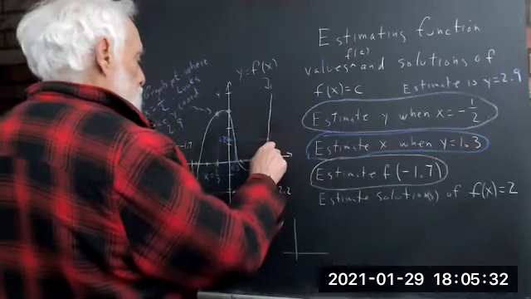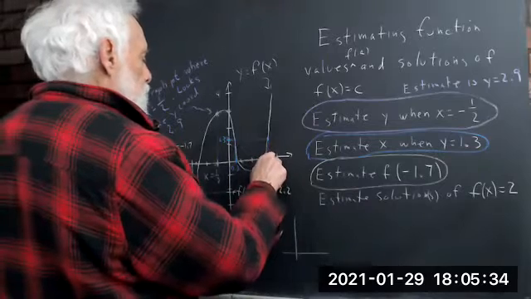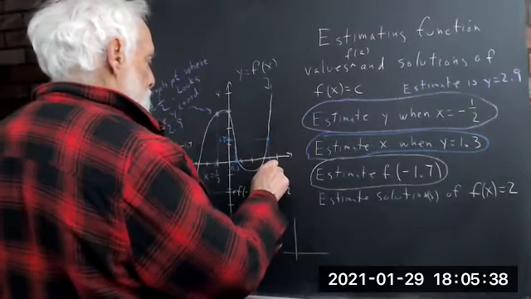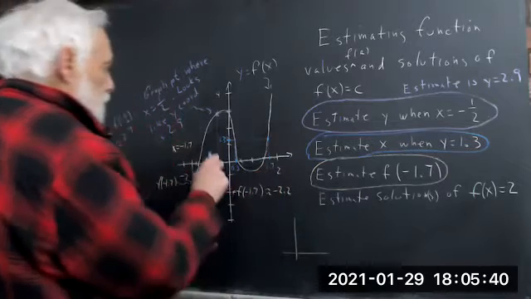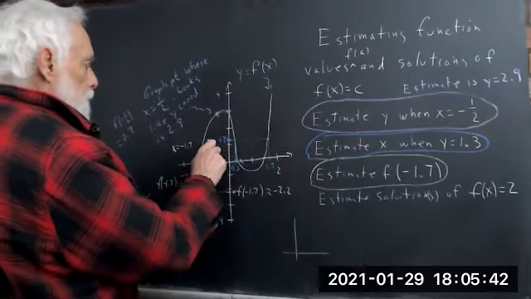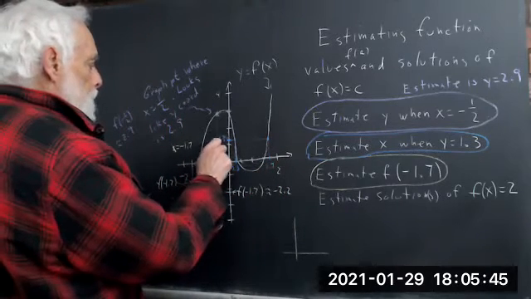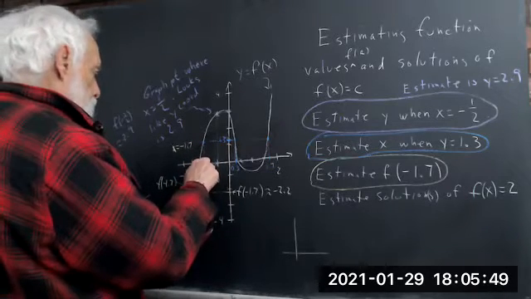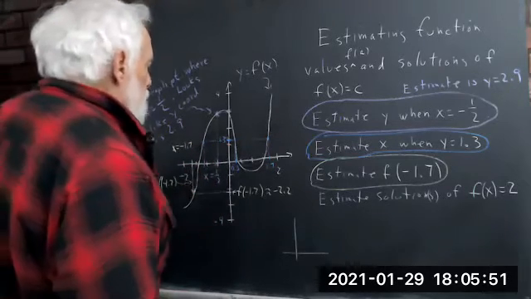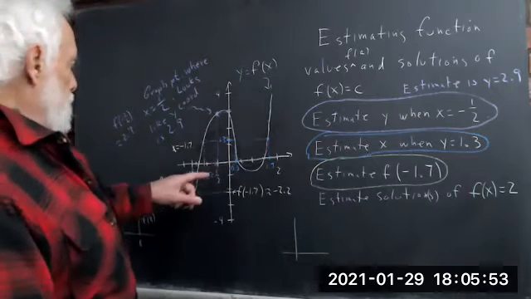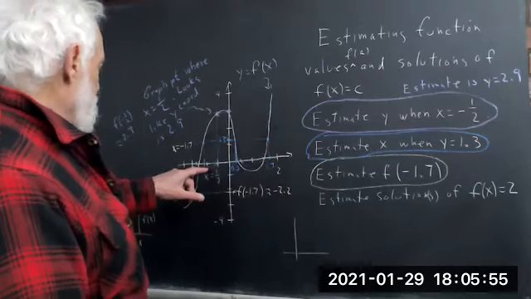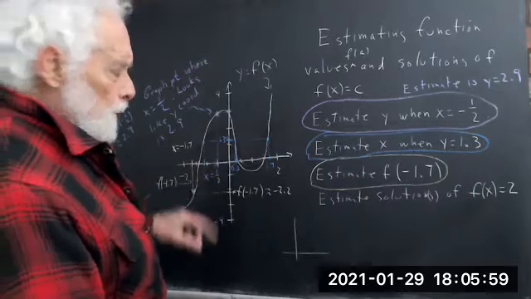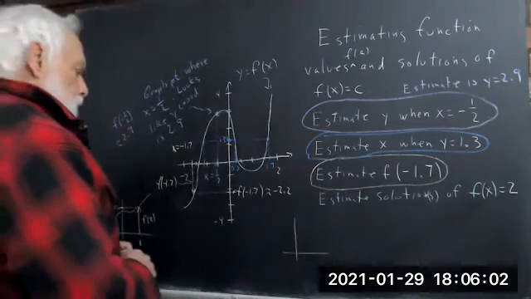Of course, there are other points on the graph that have y-coordinate 1.3. This point, and it looks like the x-coordinate is about 1.7. And a point over here with the x-coordinate appears to be about, well, this is -1, -1.5, about -1.2. You can make your own estimate.